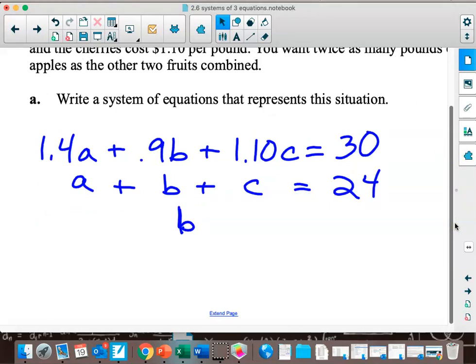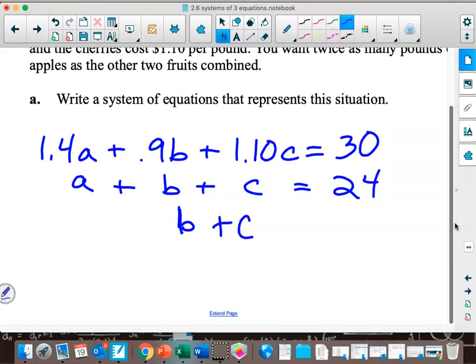So I want twice as many apples as the other 2 fruits combined. The other 2 fruits combined would be B plus C. Apples would be A. Where does the 2 go? Under B plus C. Why? Because it's twice as many as B and C. If my B plus C, blueberries plus cherries, is 9 pounds, how many pounds of apples do I want? 18, double, right?